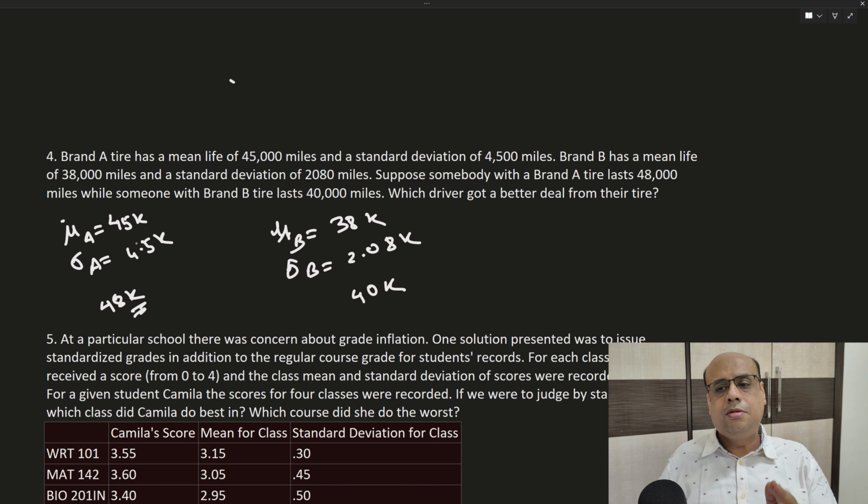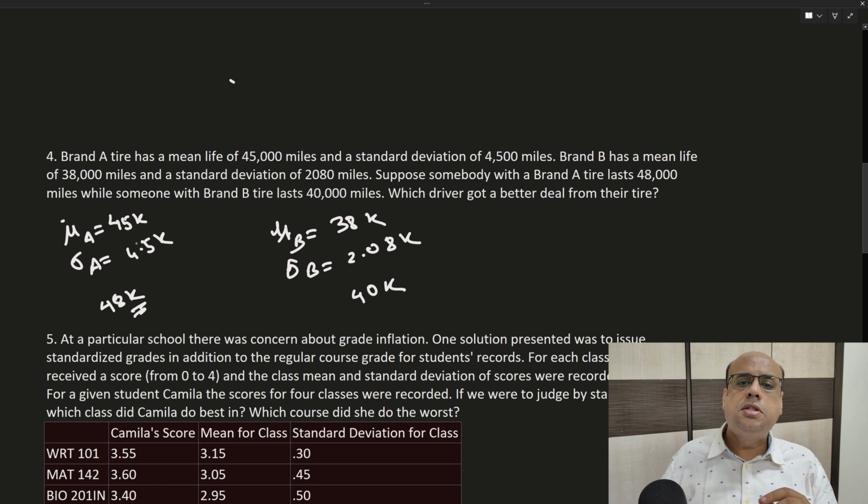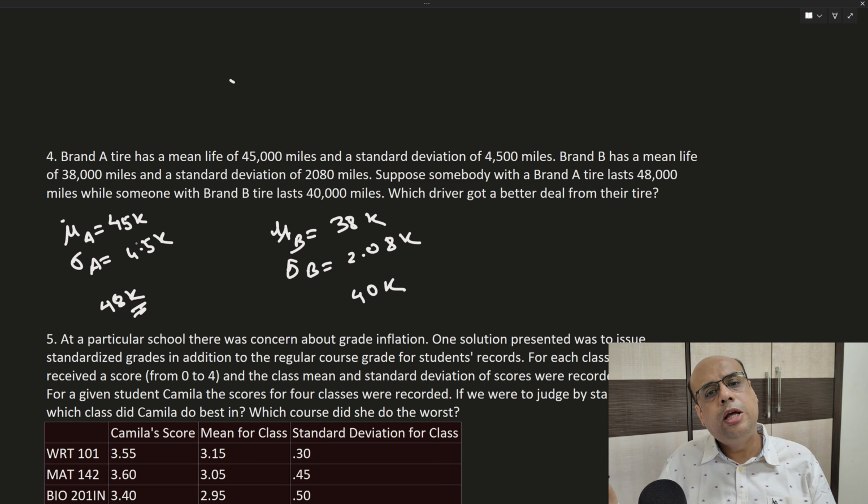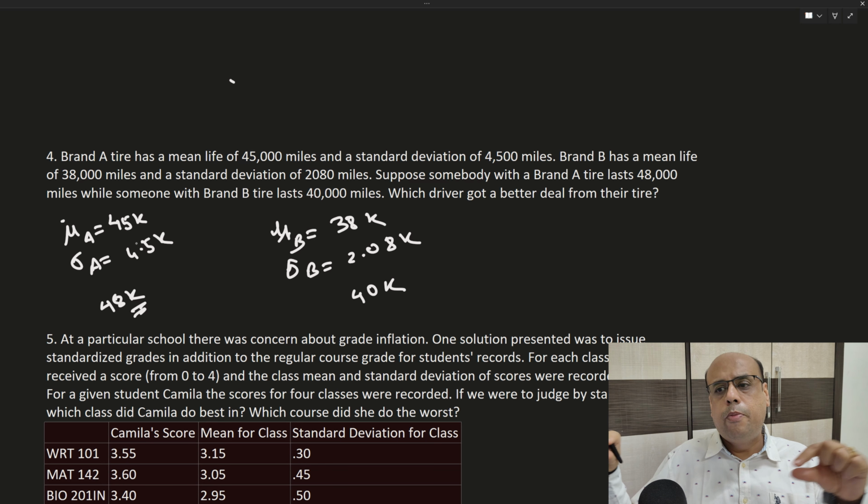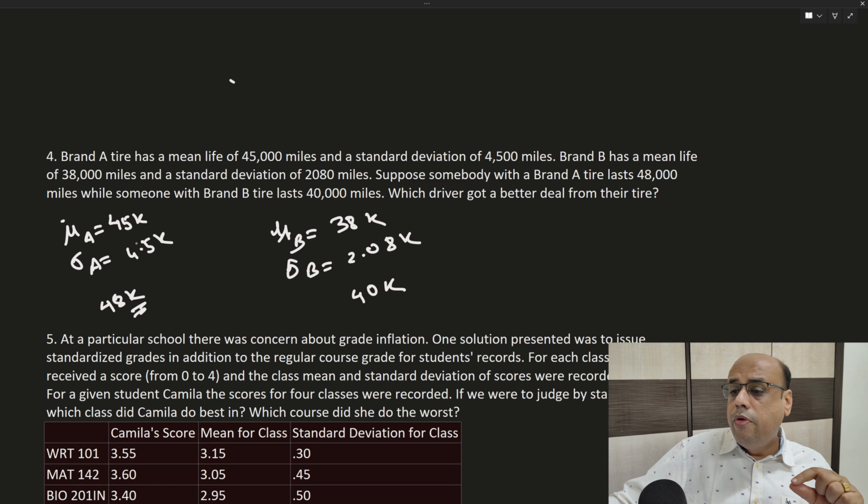Why? Because that is the very characteristic of the normal distribution: the values of the random variable are clustered around the population mean, and the farther we go from the mean, the probability of that value reduces drastically. That is why the probability of tail events is very, very small.